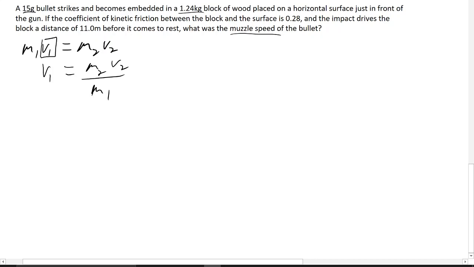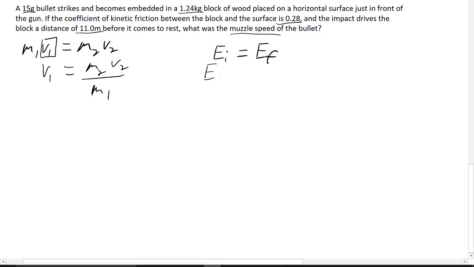So to solve it, you can do an energy balance, and that says that we can use this information here, the 0.28 and 11.0 meters, with an energy balance. So EI equals EF, and we consider EI to be right after the collision.